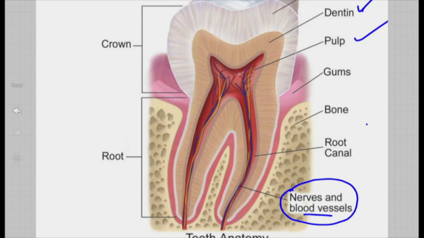So all these nutrients are carried by the blood vessels. So that's the role of the blood vessels in the tooth, supplying the nutrients and taking out waste as well, any form of waste to the appropriate excretory organs of the body. The nerves in the tooth.